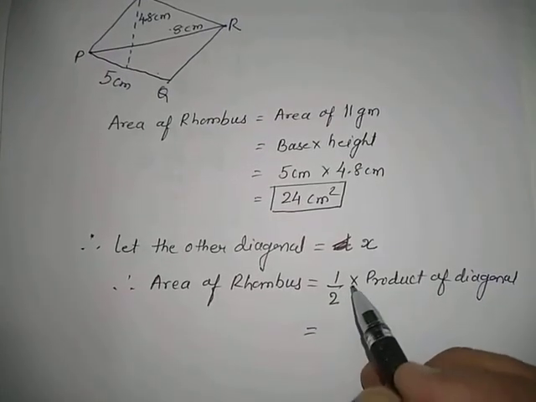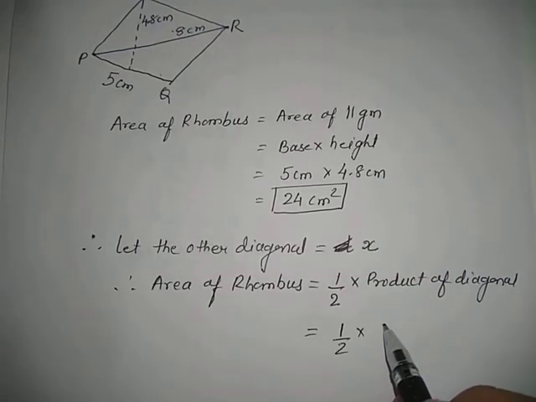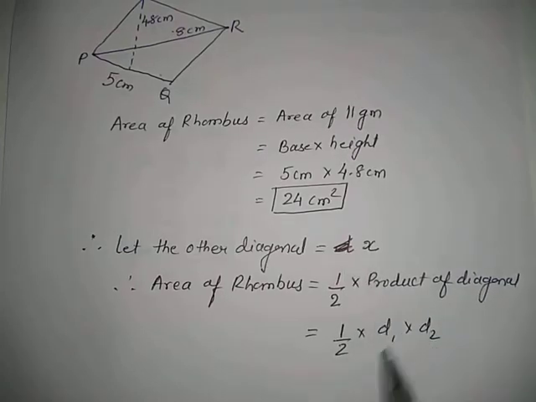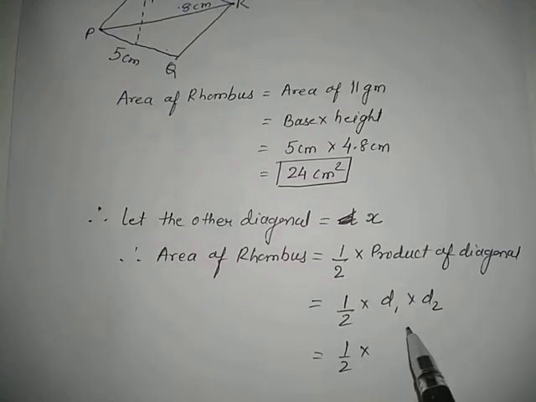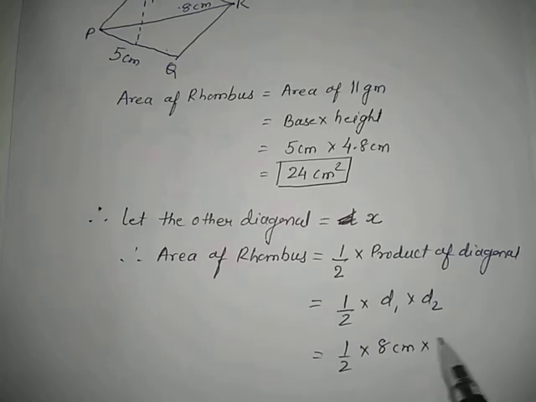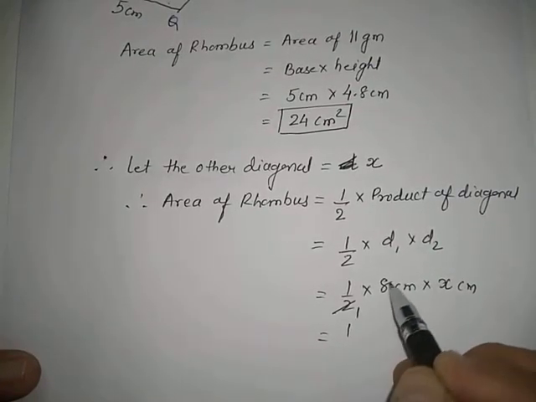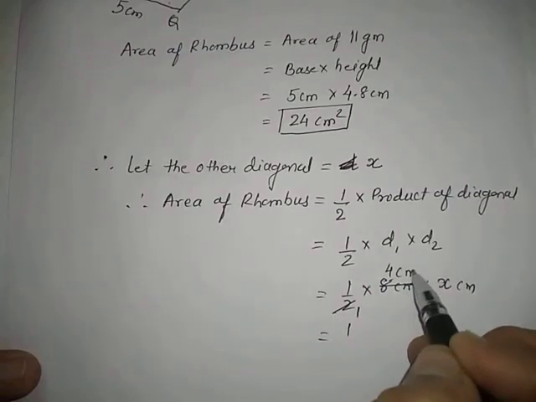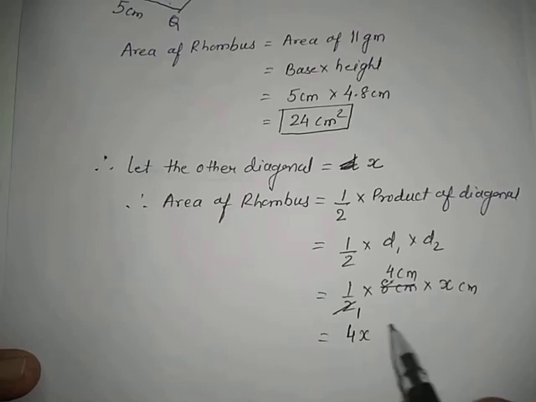Okay, so half multiplied by d1 into d2. Suppose one of the diagonals is given as 8 centimeter and the other is x centimeter. So we can cancel it out. 2 ones are 2, 2 fours are 8, means 4 into x, means 4x.